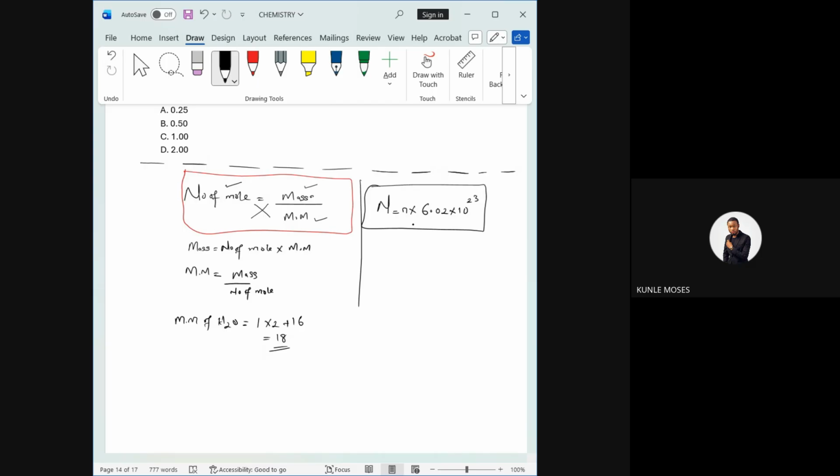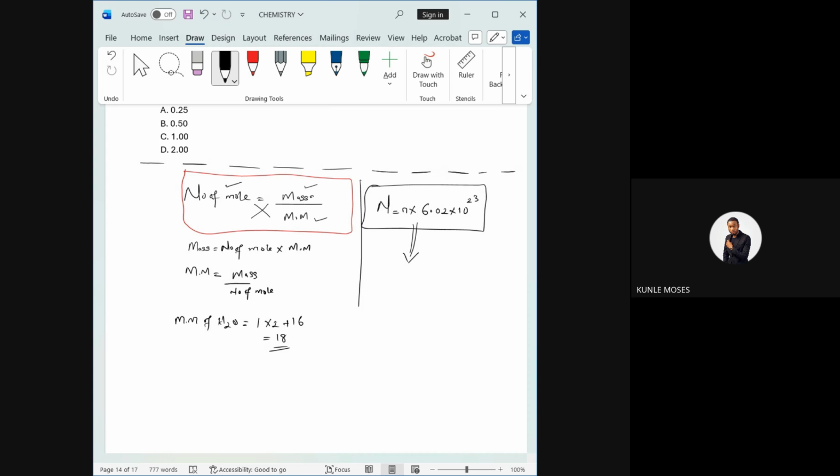And in this second part also, if they have to find the number of particles, the first thing you simply need to do is to find the number of mole. In case they don't give you the number of mole, use this formula to get the number of mole. Number of mole equals mass over molar mass. They will give you the mass.